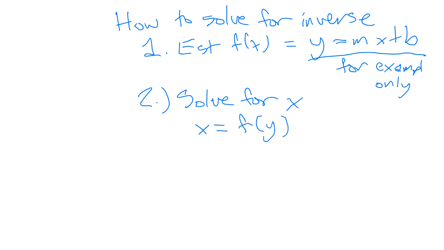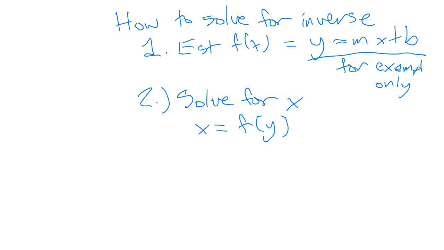You can't always do that, but it's a good way to try. If you can't find it easily on its own, then you're going to have to switch everything initially and then try to solve for it again. But that just depends on the type of problem.